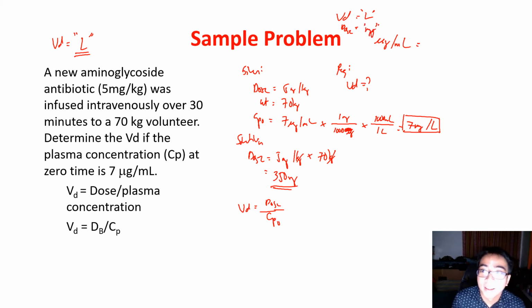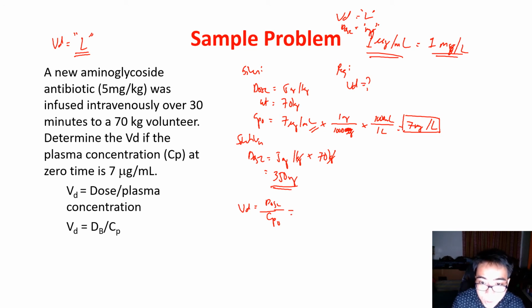So class, remember that 1 microgram per ml is always equal to 1 milligram per liter. I'm just showing this so you know that when you convert the units, it will give you the same value. So 7 microgram per ml is equal to 7 milligrams per liter. Their ratio is 1:1.